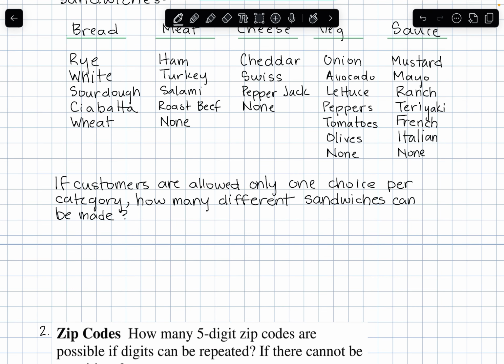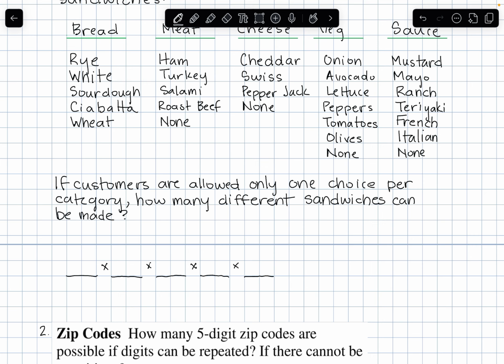So I'm making 5 choices. The very first thing I'm going to do is set up that multiplication rule. 5 choices means I'm going to take 5 numbers and multiply them together. And I know that the numbers I'm multiplying together are the number of options for each choice. So for that first blank, I'm looking at bread.